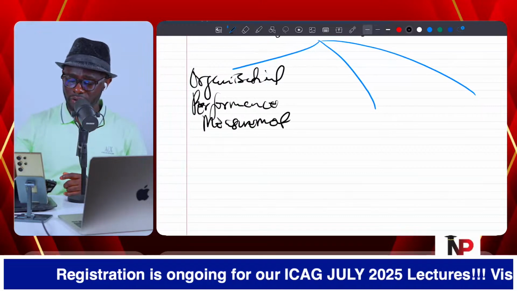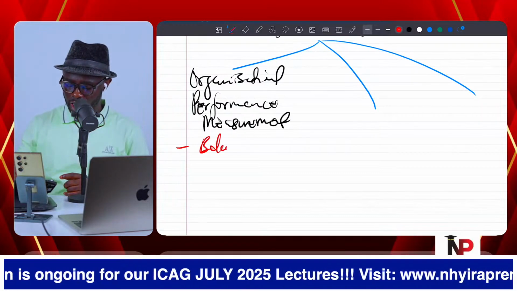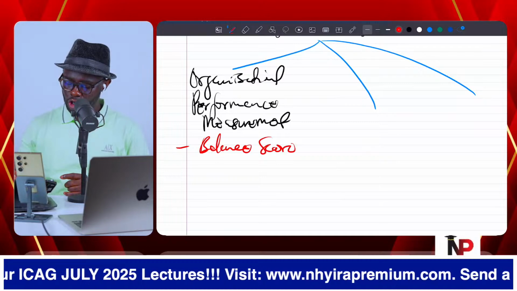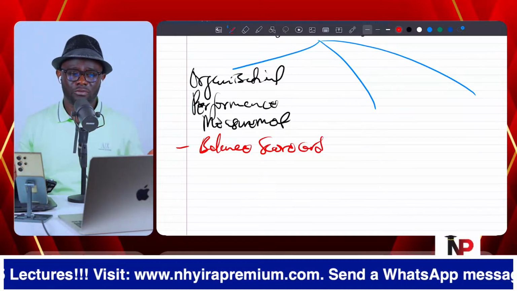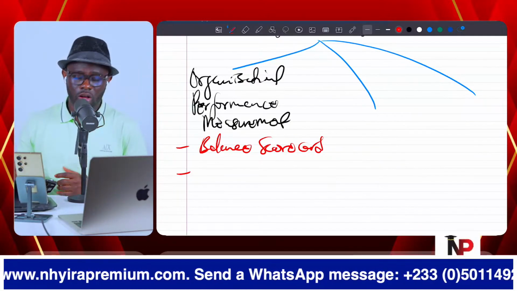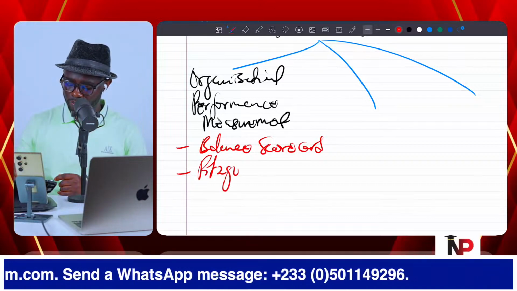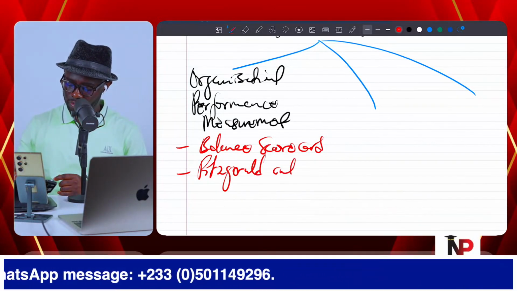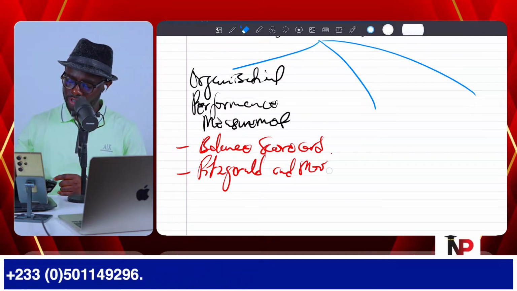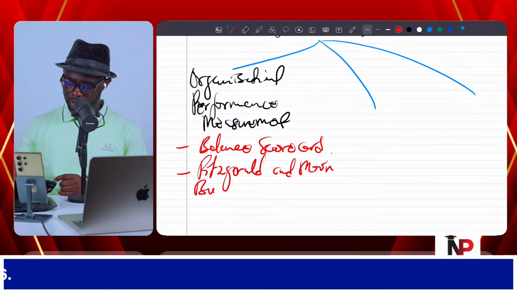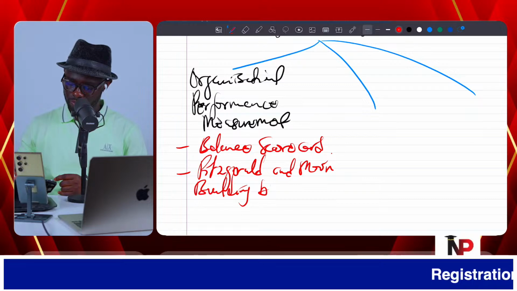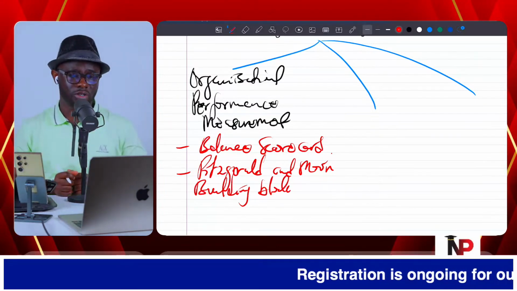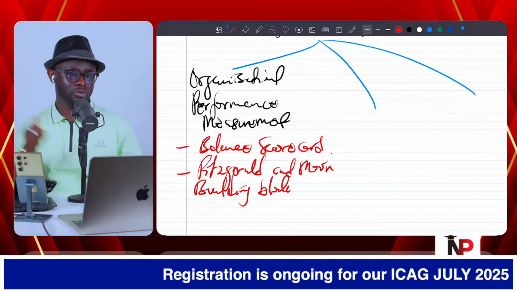So we can rely on either the balanced scorecard to have that holistic performance measurement, or use the Fitzgerald and Moon building block to analyze the whole performance of the organization. That's the first aspect we need to understand.